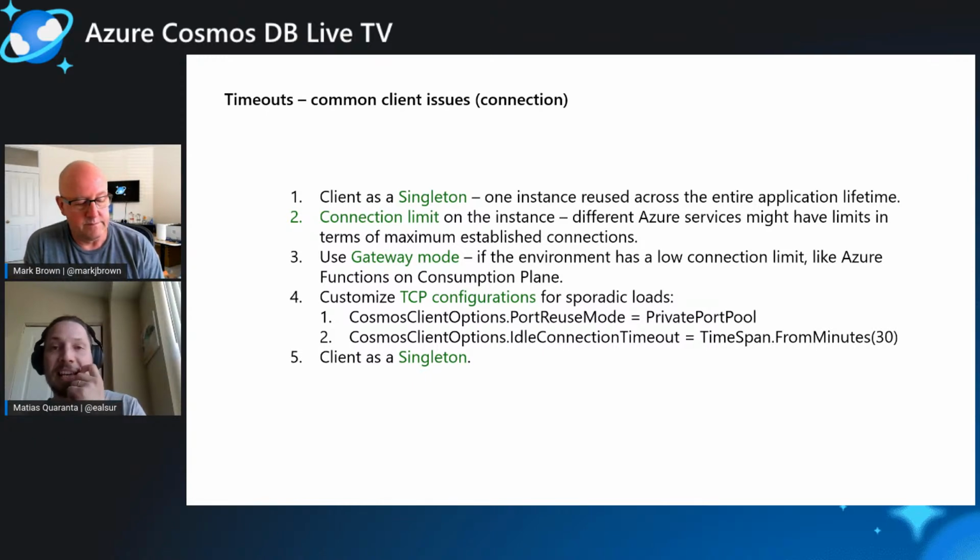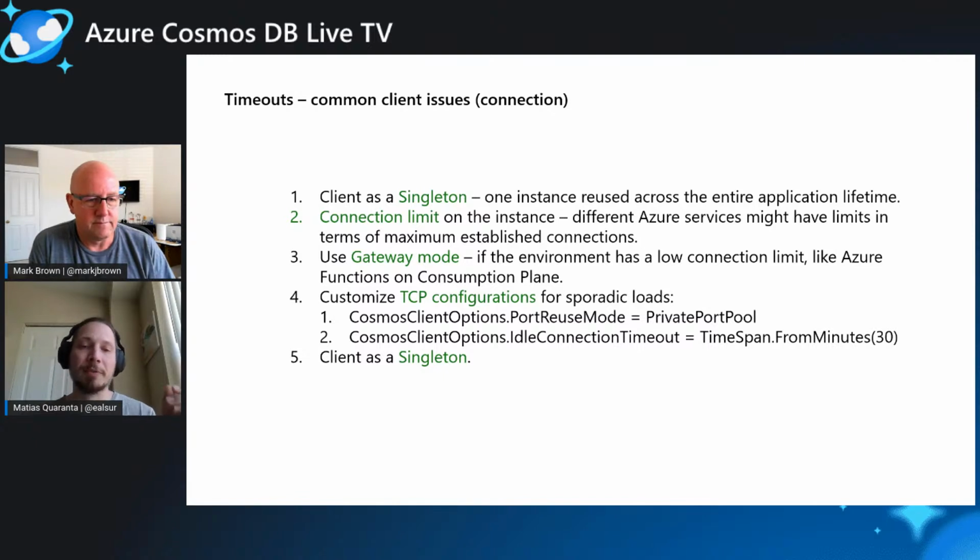And also the SDK has a couple of configuration knobs that you can change under certain conditions. For example, if you expect your workload to not be constant, but rather spiky, like you are performing some operations during the day, you have a busy time, but then the operations kind of die down.